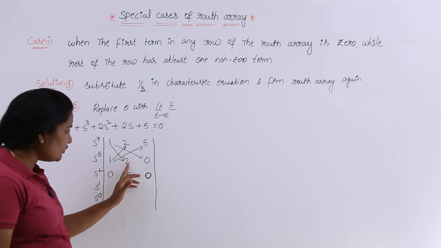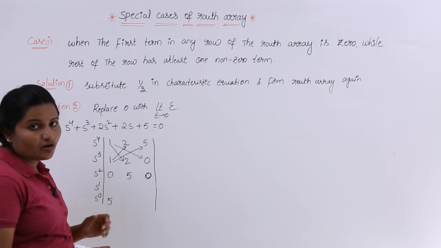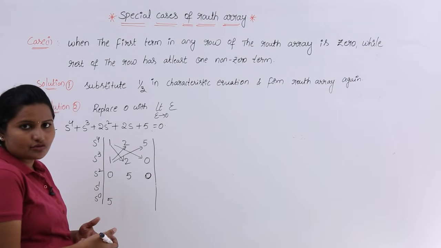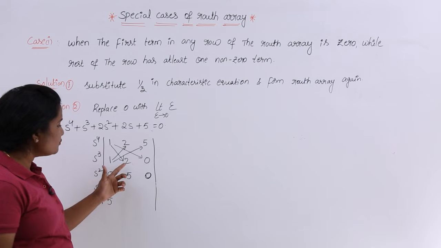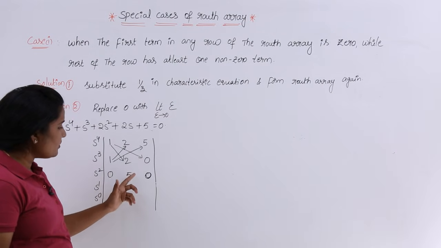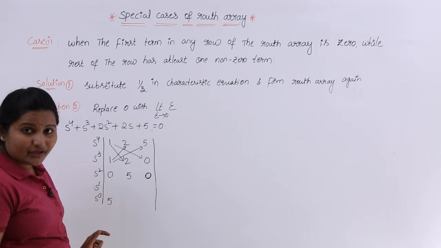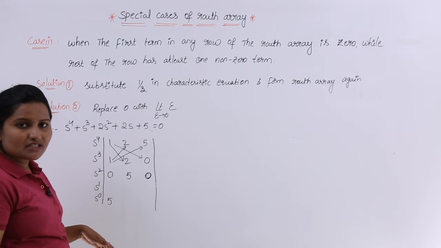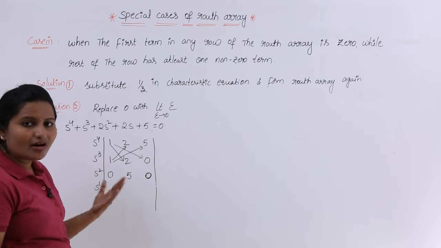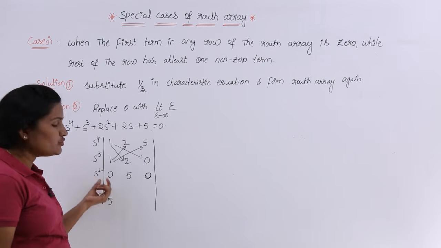If you continue this process, you may get the wrong solution. 0 into 2 minus 1 into 5 divided by 0, divided by 0 means you are not getting a proper solution here.